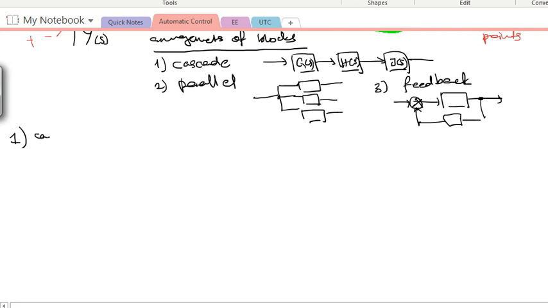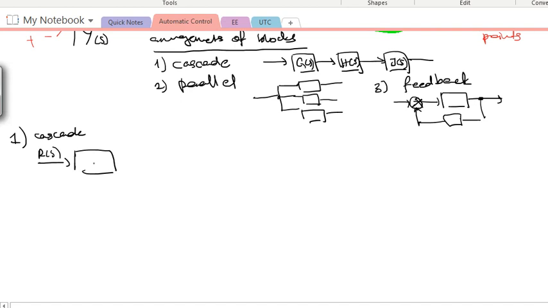So in cascade, first one in cascade. Let's imagine you have an input of R(s), and then it goes into multiple transfer functions. I'm not going to write the (s) for transfer functions because it will take a long time every time to write it between parentheses.